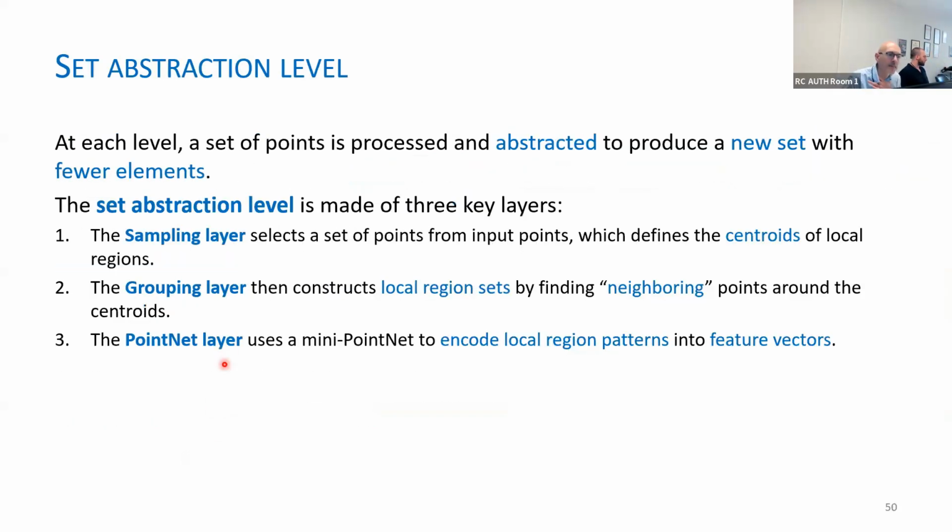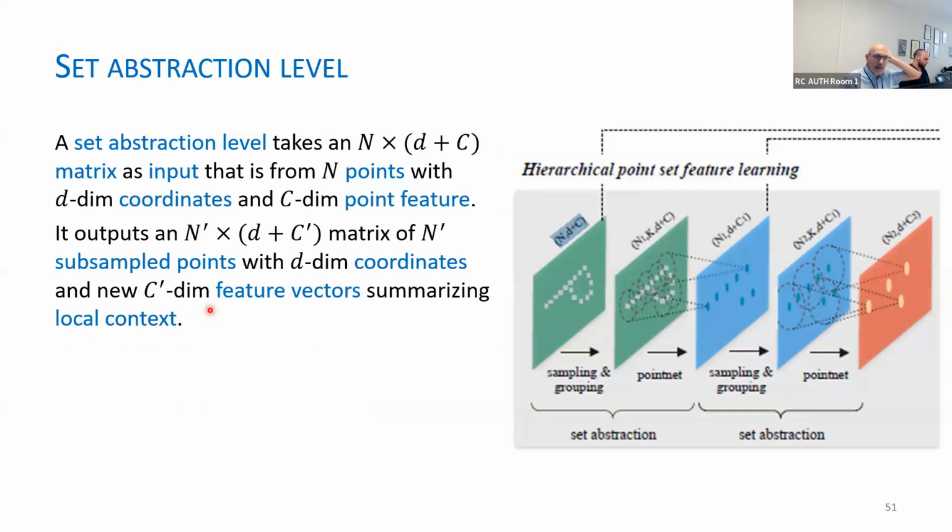So let's start from this slide here. As I mentioned to you, we have this set abstraction level, and we have these three basic operations. Let me start from the input of this set abstraction level, which is given by the set of points, and each point has associated the x, y, z in 3D, or anyway, d is the dimensionality of the coordinates of each point, while c is the feature vector associated with each point.